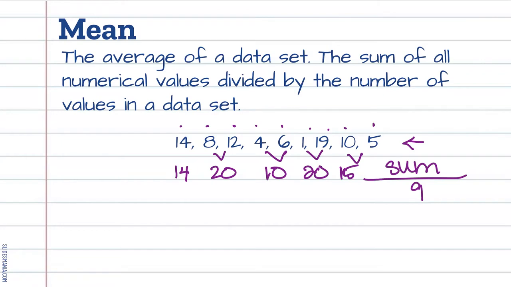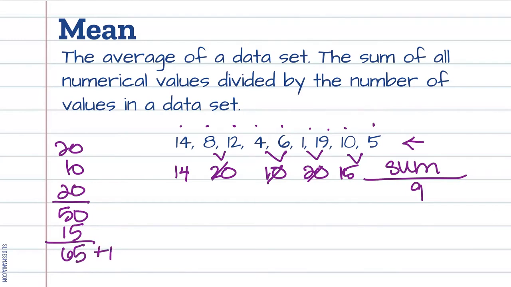So 20, 10, and 20 makes 50, plus our 15, which is 65, plus our 14, which gives us 79. So my sum was 79, so I took all of the values in the set and added them together. And now I'm going to divide that by 9 to get my average.